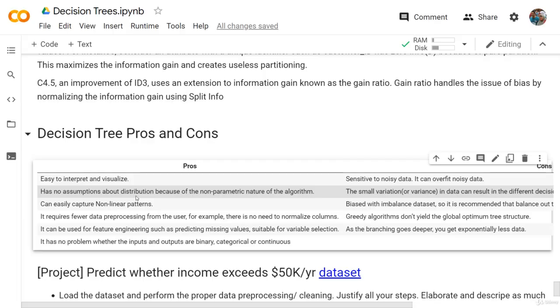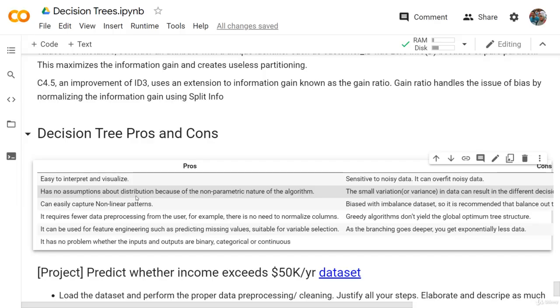This does not mean that you shouldn't perform data pre-processing. You should perform it, and you should perform it correctly, right? But this means that if you don't have the experience or the time for performing enough pre-processing, then the decision tree is the best algorithm to choose.